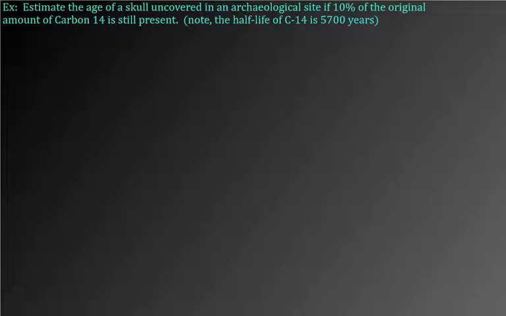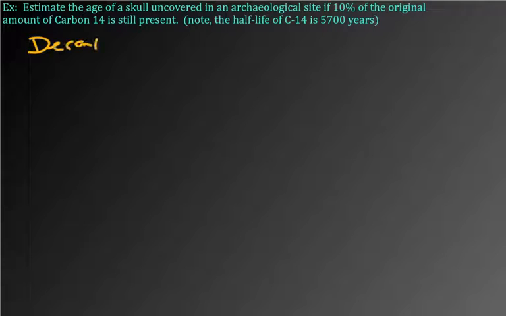So it says that you want to estimate the age of a skull that's uncovered at some archaeological site if 10% of the original amount of carbon-14 is still present in it. And this is the half-life of carbon-14 again. In these things, the way I recommend you do it is, it's going to be a decay problem.